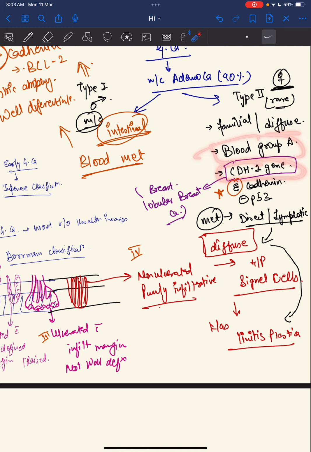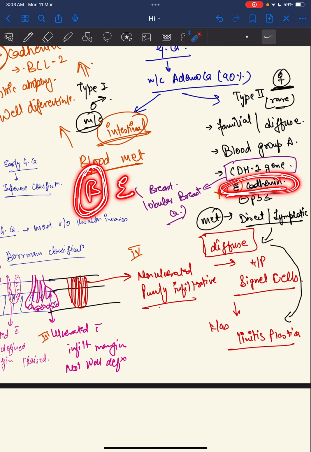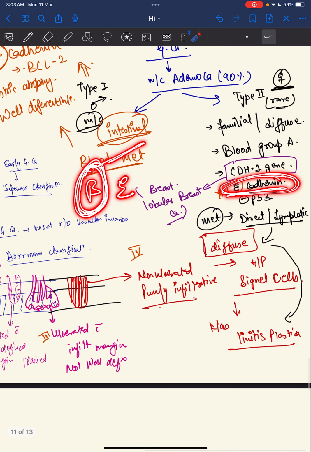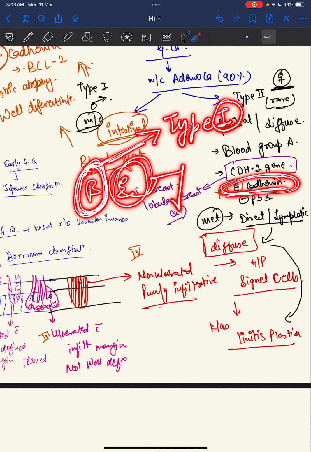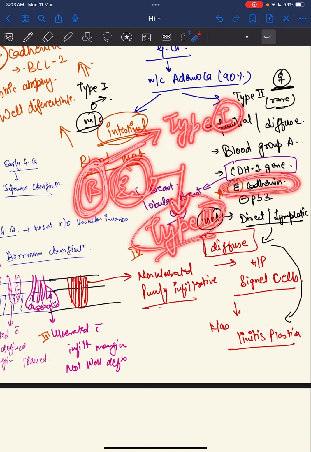CDH1 gene mutation is also seen in the lobular breast cancer, and in this you can see the E catenin. How we have remembered: B catenin, E catenin. B is not gonna be seen in type 2, it's gonna be seen in the type 1. And E is gonna be seen in the type 2. This is how you can remember it.